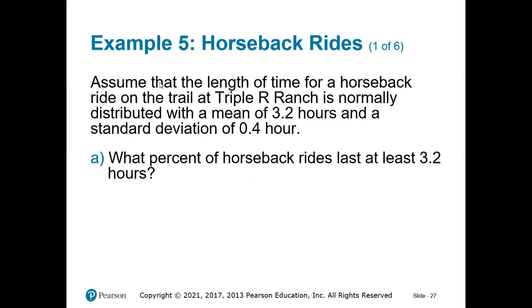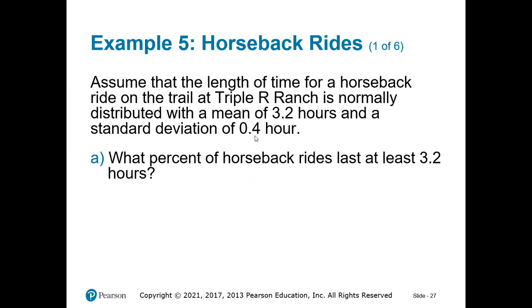So here is what it says. Assume that the length of time for a horseback ride on the trail at Triple R Ranch is normally distributed, it follows a normal distribution, a bell curve, with a mean of 3.2 and standard deviation 0.4.